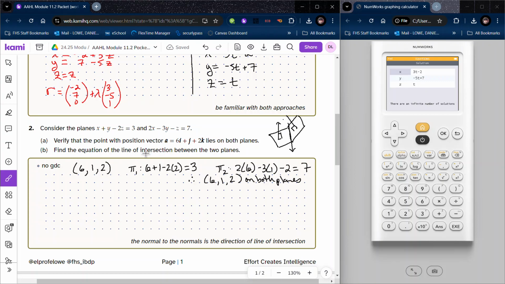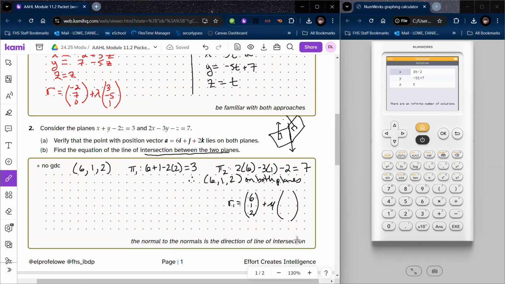So how can we find the equation of the line of intersection? Well, the general form, my vector equation, is going to be a point that's on both planes, so 6, 1, 2, and then plus some directionality vector. How are we going to find this directionality vector?